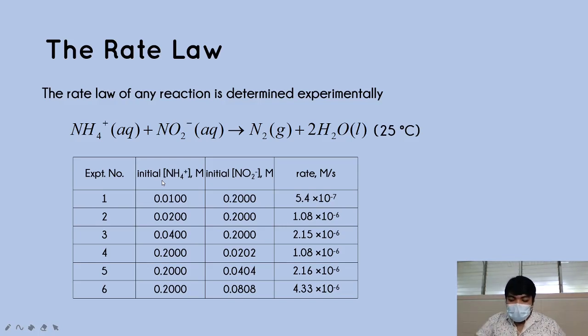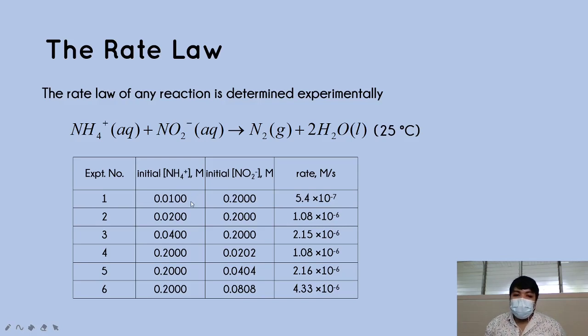So we have here this reaction. In experiments 1 to 3, all factors were held constant, including the temperature, the initial concentration of your nitrite, and the initial concentration of your nitrate ion.